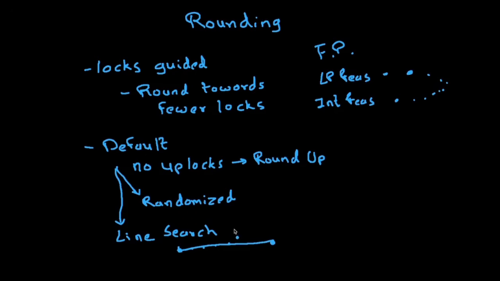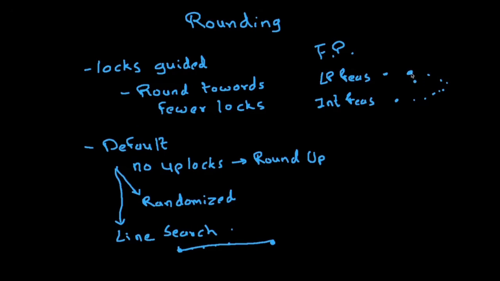So in HiGHS, this kind of line search technique is used inside the feasibility pump, but in general, in the feasibility pump, any technique can be used for rounding, and locks-guided rounding is one of the important candidates inside this kind of rounding rule. So in the feasibility pump, HiGHS also uses the locks information when it is trying to set the objective coefficients for this LP sequence.